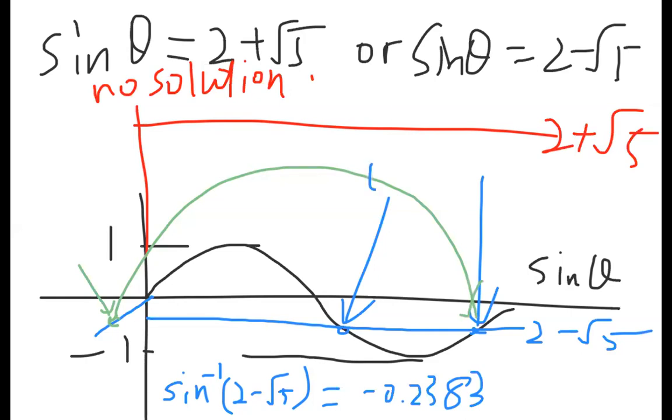So suppose this is theta 1 and theta 2, and then we can get theta 2 by adding 2 pi here.